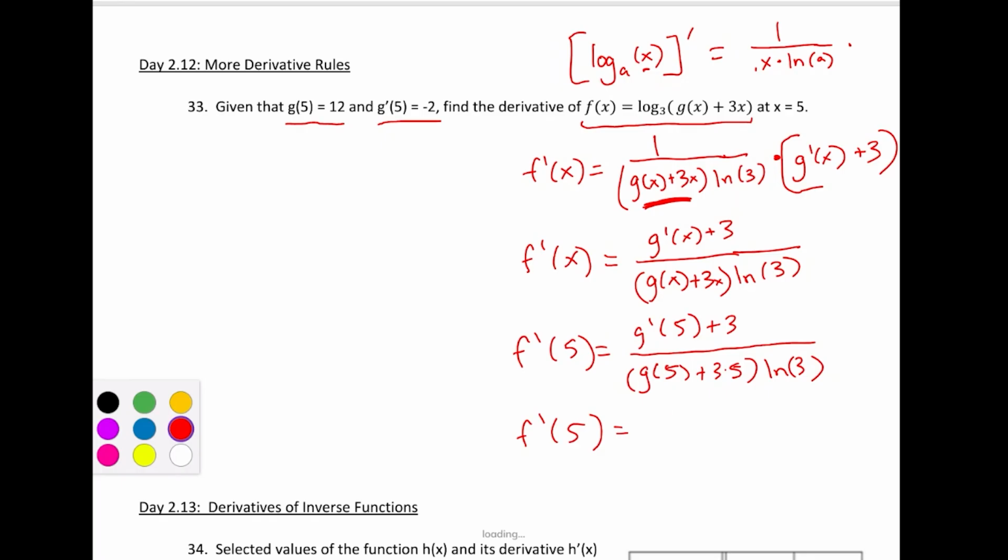Negative 2 plus 3 is going to be 1 over g of 5, which is 12. So we got 12 plus 15. What's 12 plus 15? Someone help me out here. 12 plus 15 is 27. So we got 27 times the natural log of 3. Yeah, I'm asking for some help, and there's nobody sitting here, so okay. Anyway, f prime of 5 should be 1 over 27 times the natural log of 3.